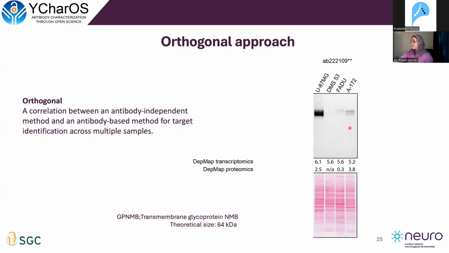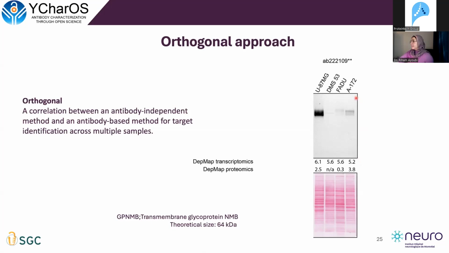Here's an example that shows, unfortunately, that orthogonal approaches may sometimes be misleading. This is a Western blot against a protein named GPNMB. And the Western blot signal is compared to RNA values, again extracted from the DepMap portal.